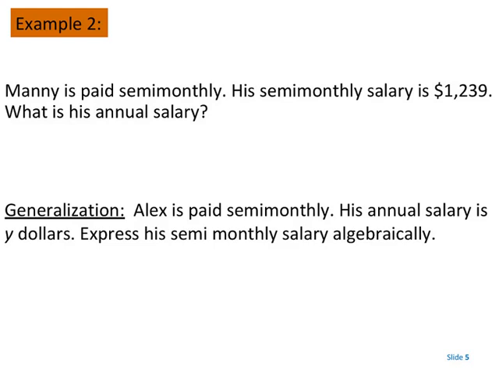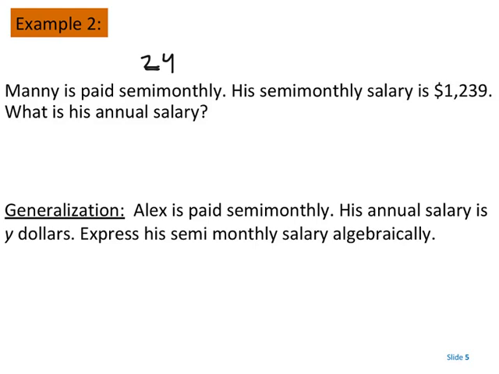For our second example, we're going to talk about Manny, who's getting paid semi-monthly. Semi-monthly means he's getting paid twice a month, and there are 12 months in 1 year, so he's receiving 24 paychecks. His paycheck is $1,239. What is his annual salary?